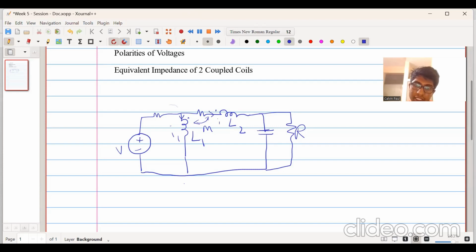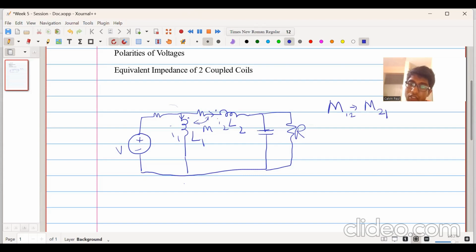Similarly, when the current I2 flows through L2, it will also generate some voltage in the coil L1. So the effect of this mutual inductance between coils we have to take into account while doing circuit analysis. The mutual inductance from coil 1 to coil 2 is the same as the mutual inductance from coil 2 to coil 1. There is a proof also which we will be going through.